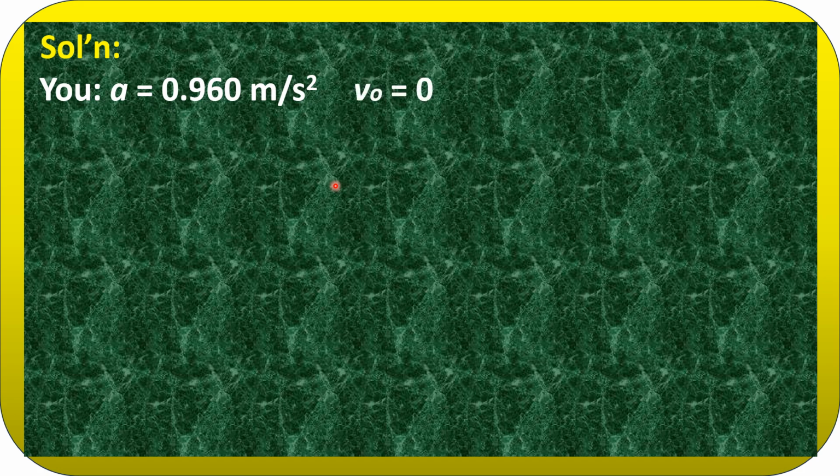Our target variable is delta D. Delta D is the distance that you need to run to catch up or overtake the bus, which had just passed you and is moving at a constant speed equal to 5.00 meters per second.